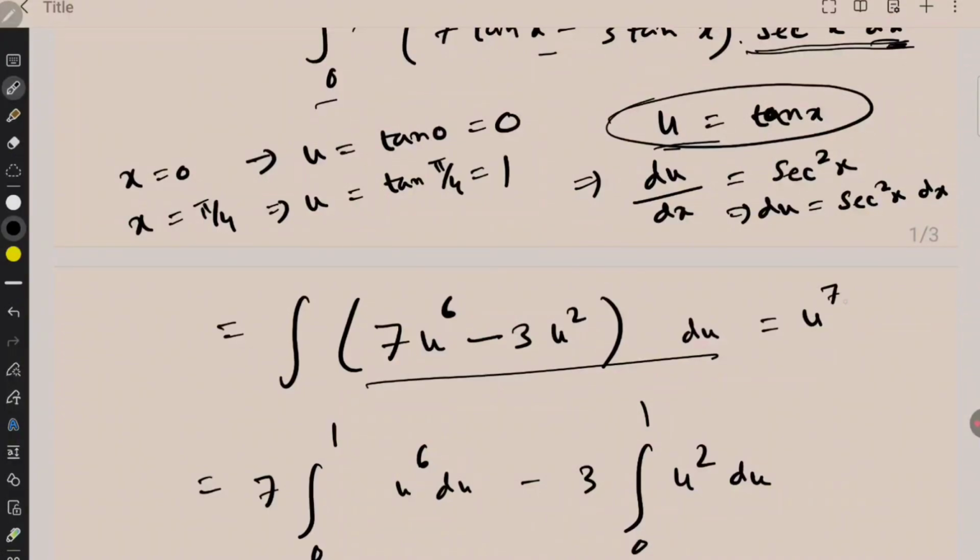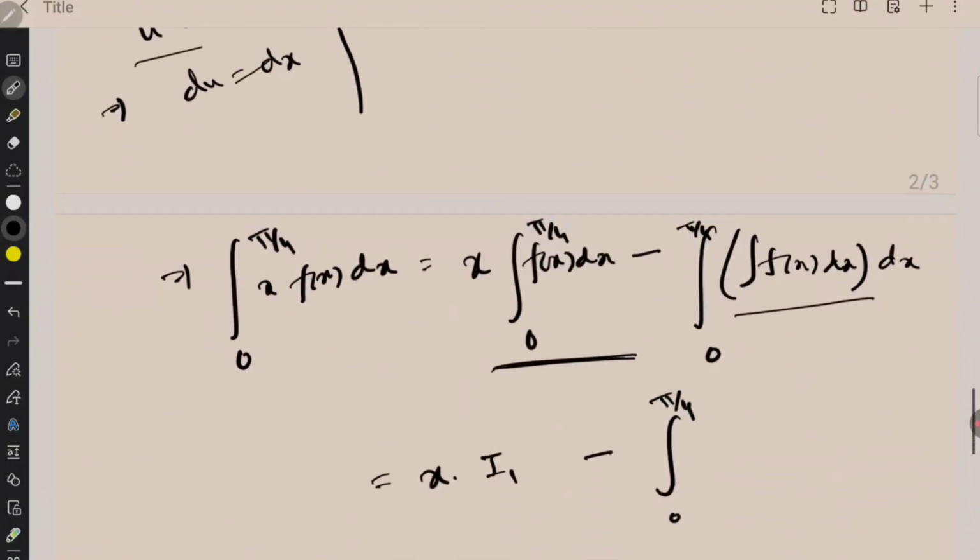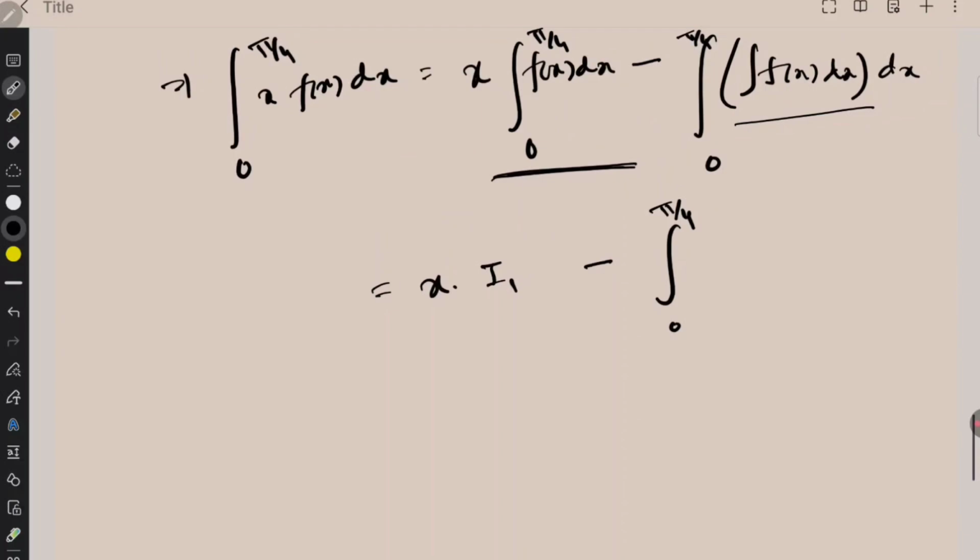So u to the power 7 minus u cube. Now if you again put u equals tan x here, tan to the power 7x minus tan cube x. So without the limit 0 to pi by 4, just the simple integral of f(x) dx is basically tan to the power 7x minus tan cube x.